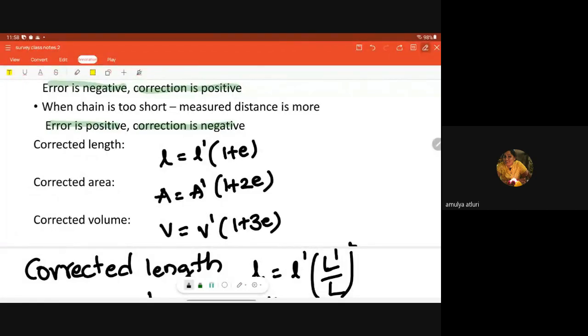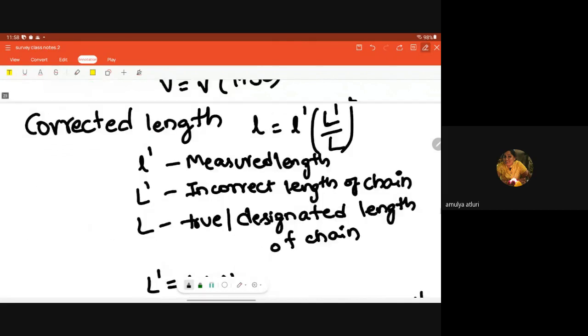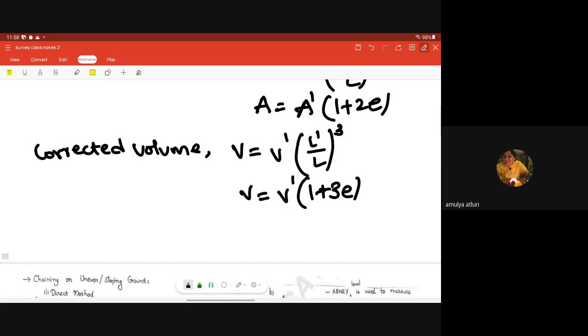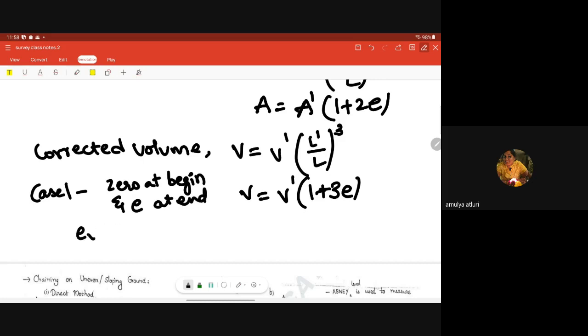So as we all know, E is nothing but the error. Okay. So this E is the cumulative error. So there are two cases. Case 1, if my error is 0 at the beginning of survey, and at the end I got error E, then I have to take E average.